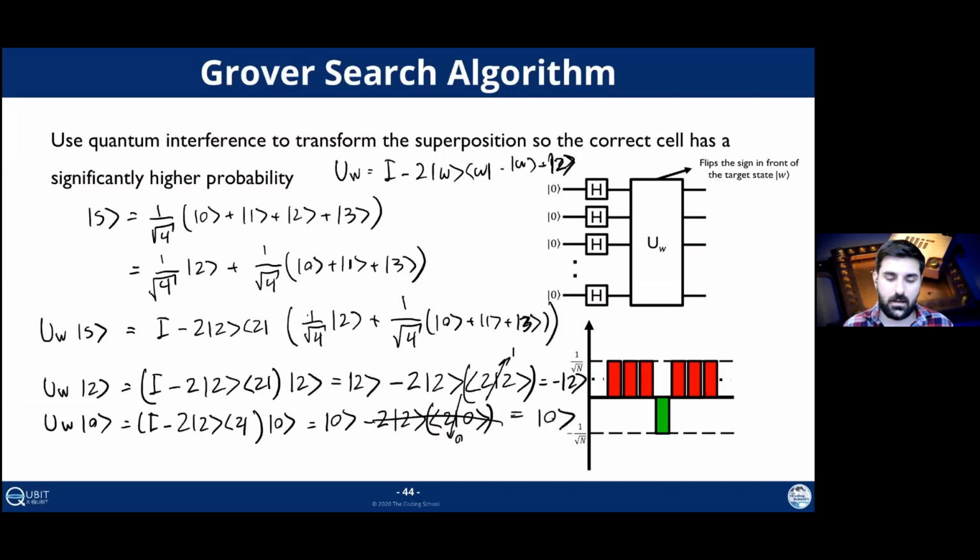So based on this, going back to what we had up here, when I apply this operator to the S state, the coefficient in front of the correct answer, which in this case is the 2 state, gets a negative sign. So I get minus 1 divided by square root of 4 times the 2 state, and the other ones don't change.